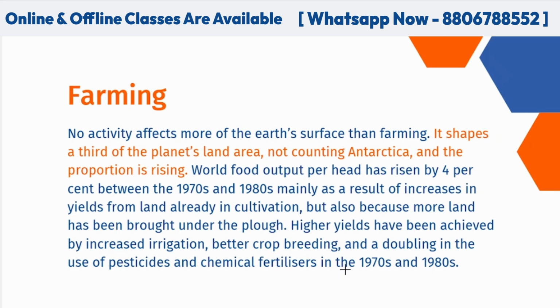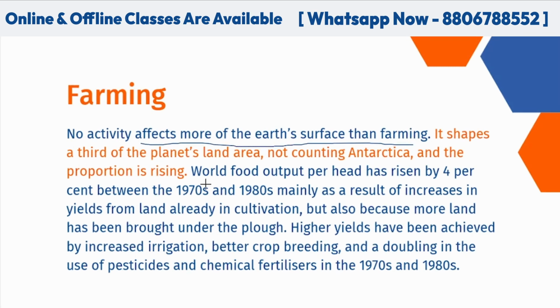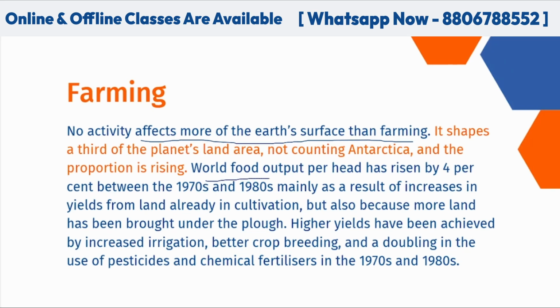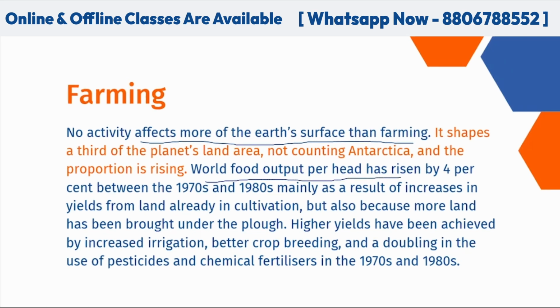Now here the paragraph, it says no activity affects more of the earth's surface than farming. World food output per head has risen by 4% between the 1970s and 1980s, mainly as a result of increases in yields from land already in cultivation.